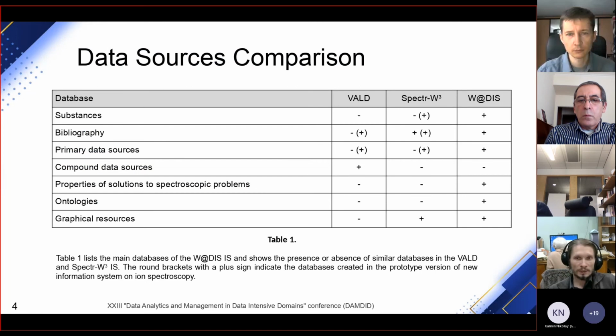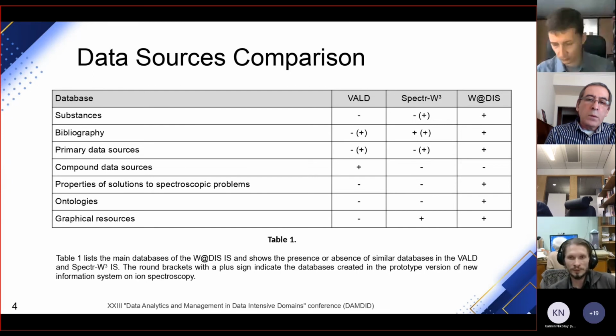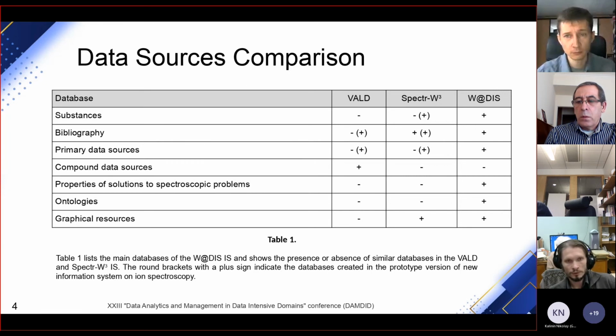If we compare different approaches to storing data in 3 different information systems, VALT, Spectre W3, and VADIS, we can see here that VADIS provides the widest assortment of amenities with which users are working.